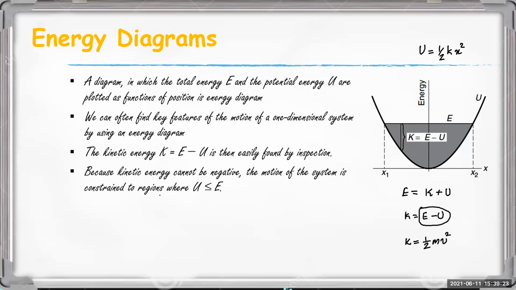One of them is that, as the kinetic energy cannot be negative, the motion of the system is constrained to the region where U is less than or equal to E. Actually, the potential energy goes from this one to this one, but the motion is constrained between x1 and x2 because the total energy meets the potential energy curve at these two points. One is this one and the second point is this one.